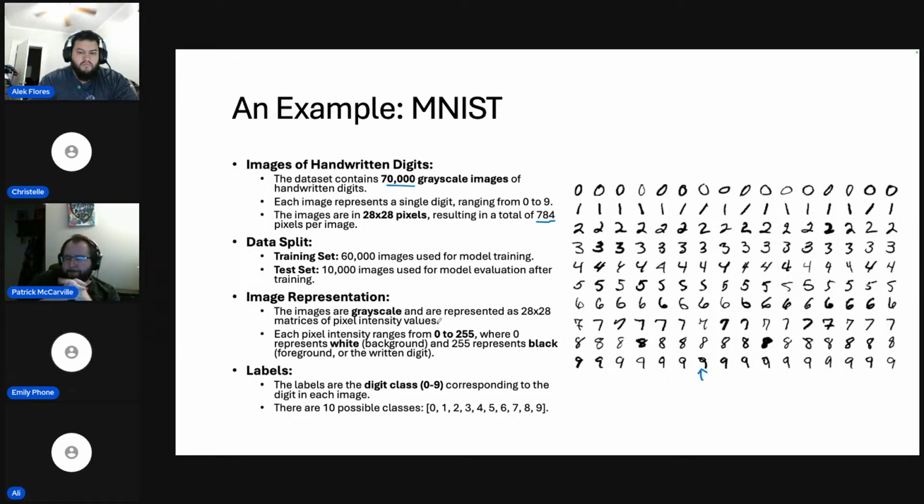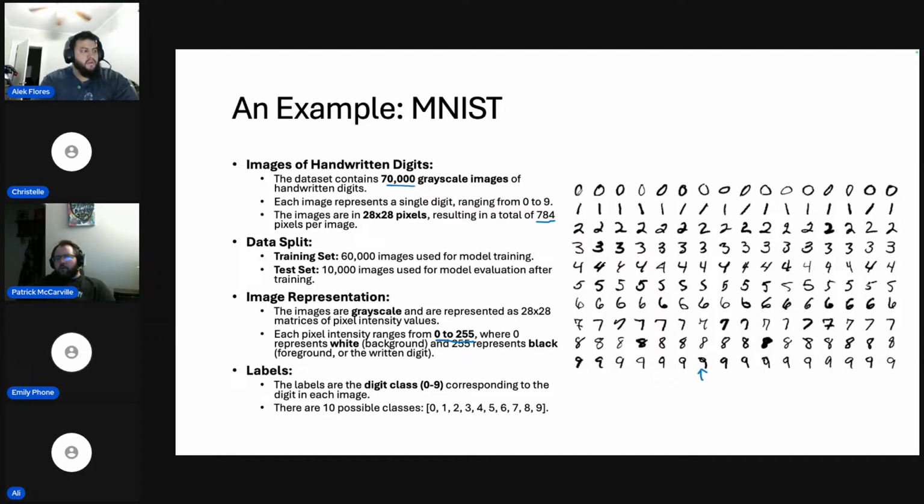These images are grayscale, so we don't have to worry about some of the complexities that come along with color. But the way that this number is actually represented numerically into the neural network is pixel intensity, which ranges from 0 to 255. So here, where it's like the center of this 0, it's going to be 255.